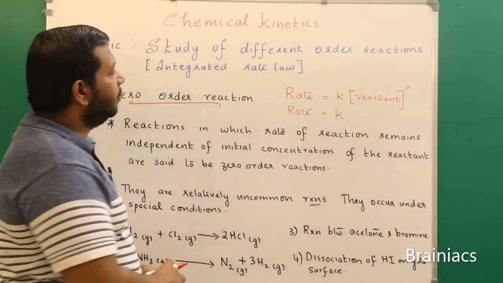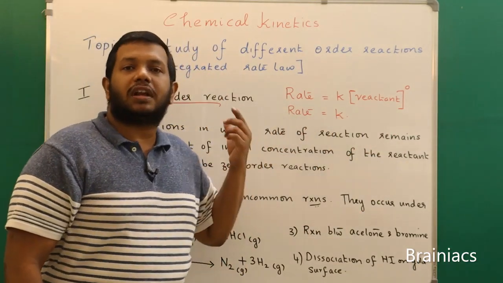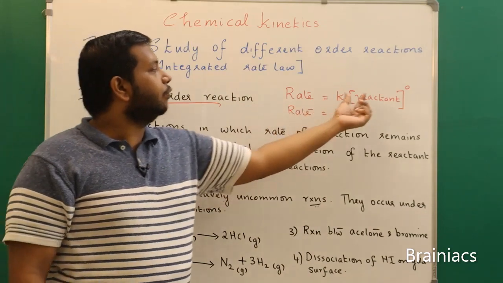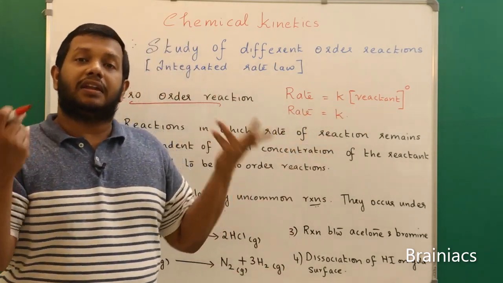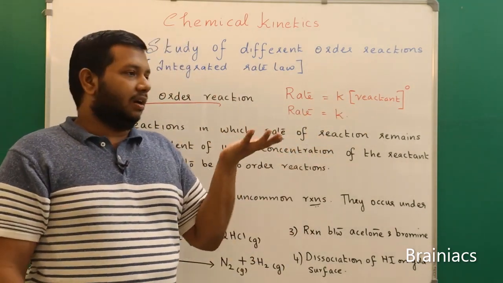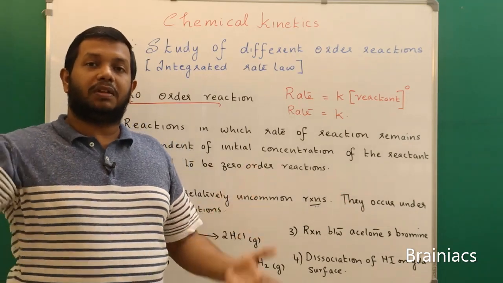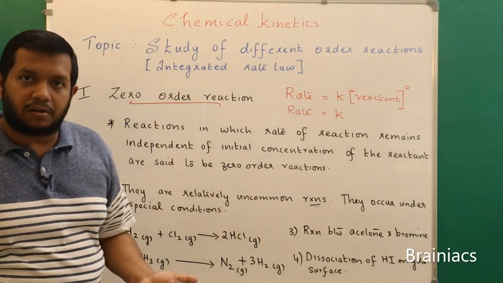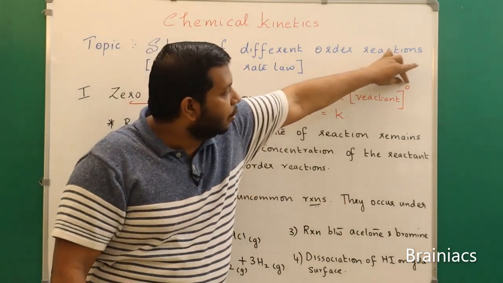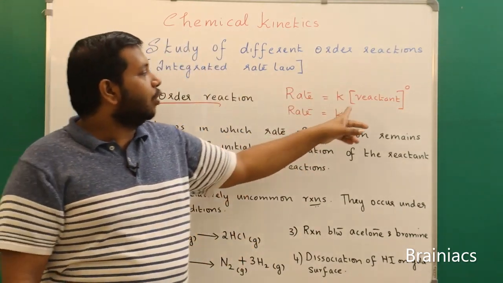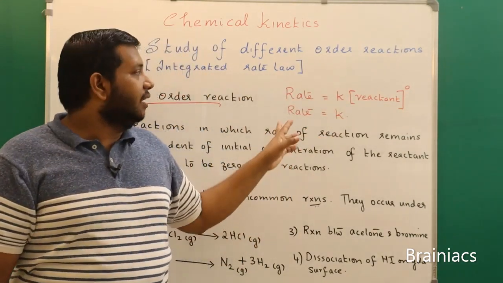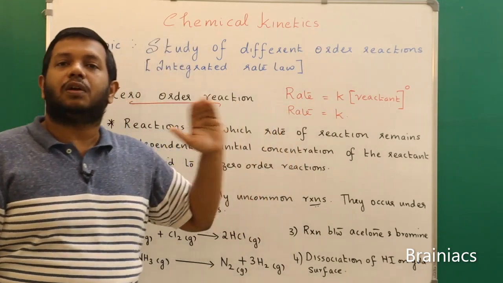That means the rate of the reaction is independent of the initial concentration. Let the initial concentration be 1 molar, or 10 molar, or 100 molar. Whatever be the case, since 0 comes here, that concentration term becomes 1 and the rate law becomes rate is equal to the rate constant.